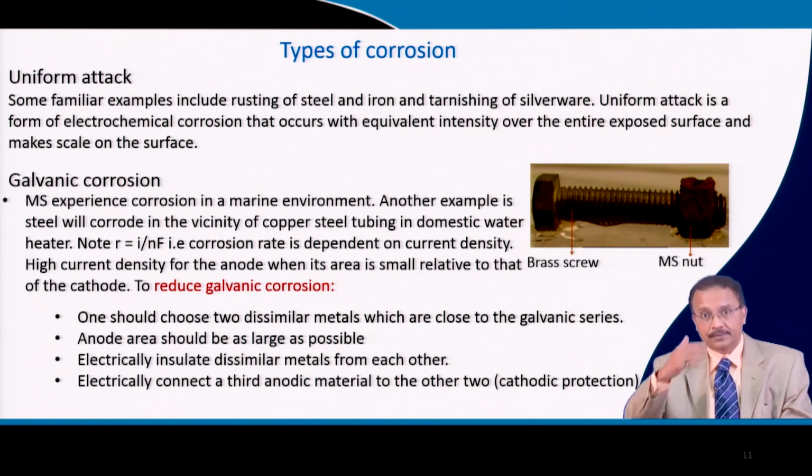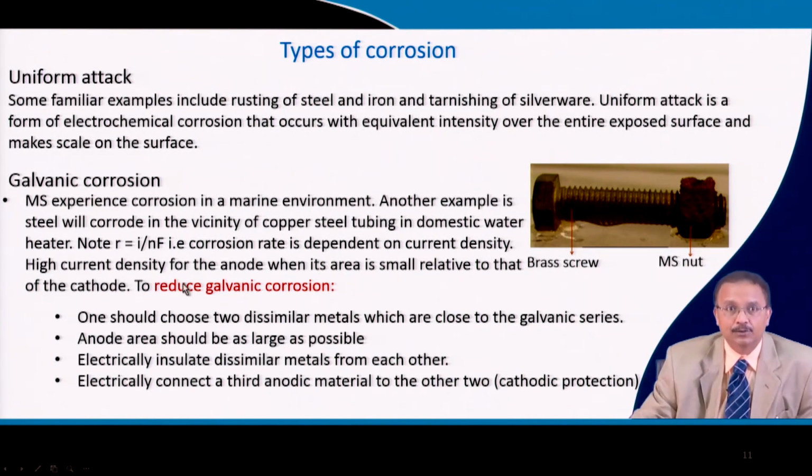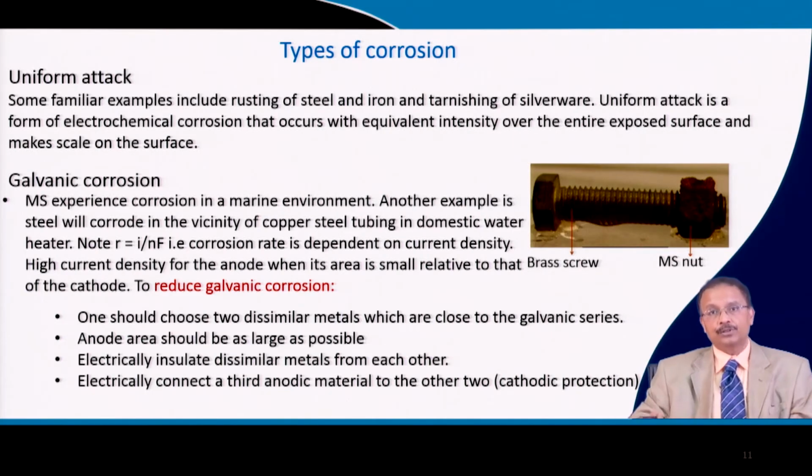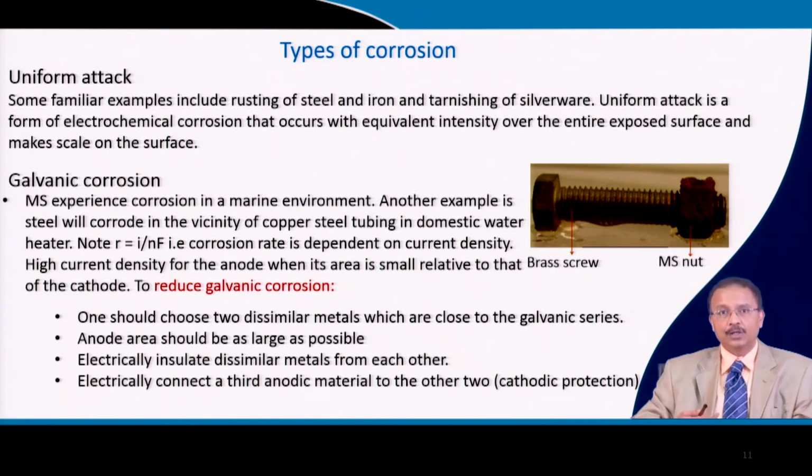So, here as I mentioned, the corrosion penetration rate is I by nF. So, the corrosion rate is dependent on current density. High current density at the anode occurs when its area is less exposed. So, to reduce the galvanic corrosion, I will have to increase the area of the anode material.